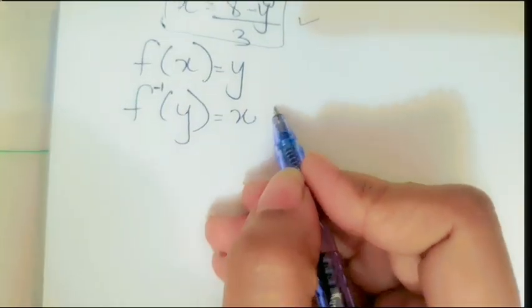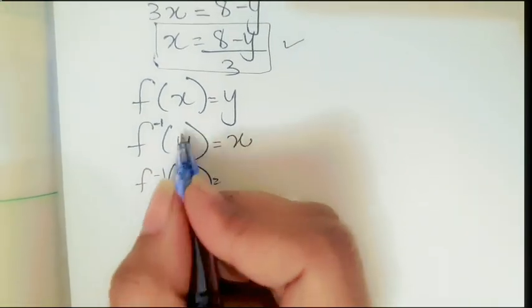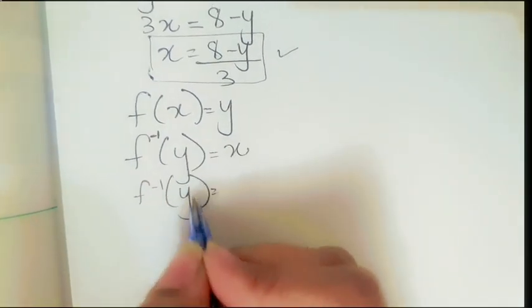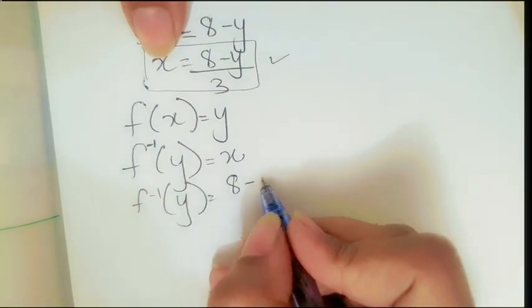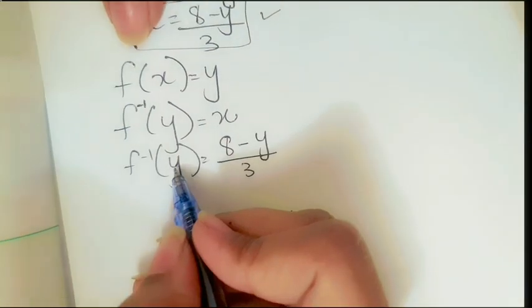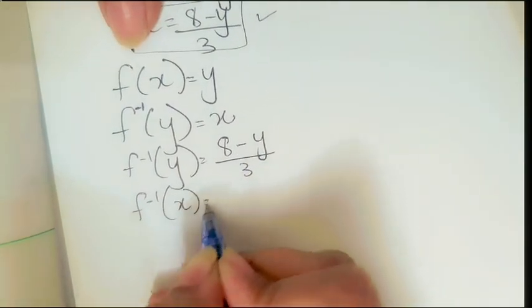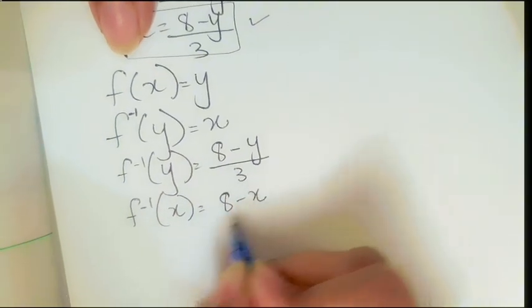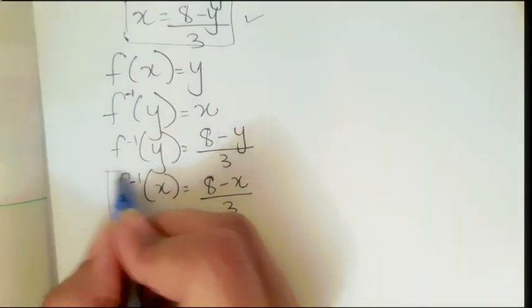We already know the value of x, so f inverse of y is equal to (8 minus y) upon 3. Now using x in place of y, we get f inverse of x equal to (8 minus x) upon 3. So this is the f inverse of x. We have found it.